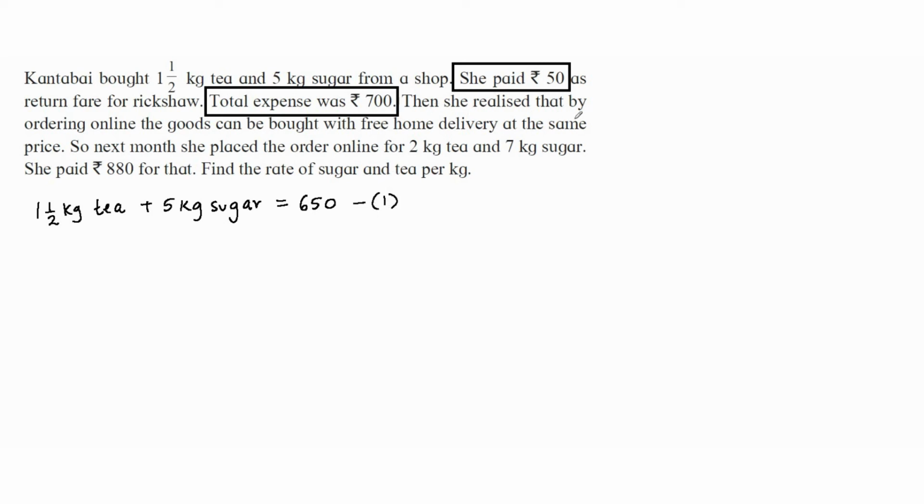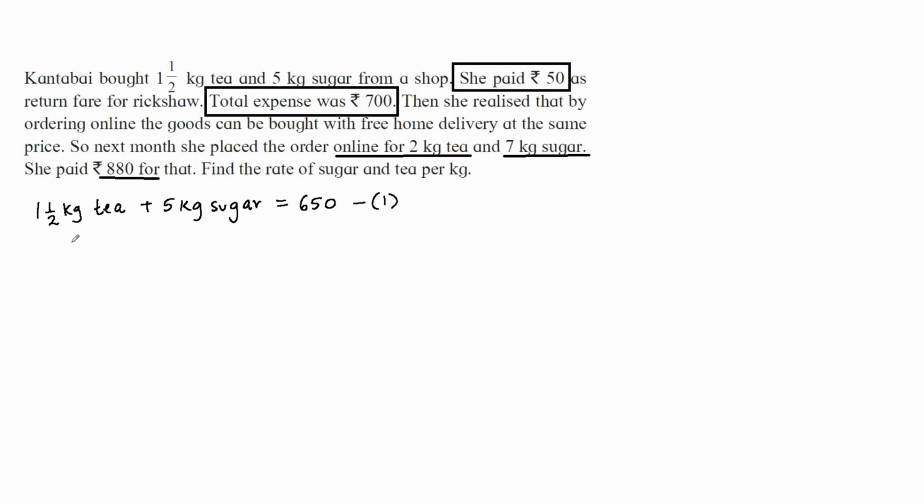Let's read on. Then she realized that by ordering online, the goods can be bought with free home delivery at the same price. So now she is not going to travel, so there is no fare that she is going to pay. She placed an online order for 2 kg tea and 7 kg sugar, and she paid 880 rupees for that.